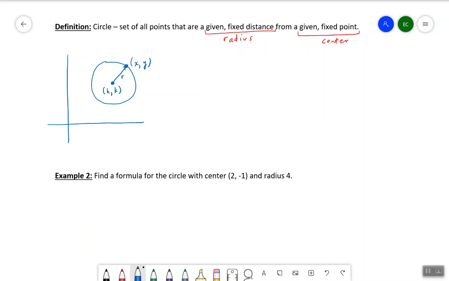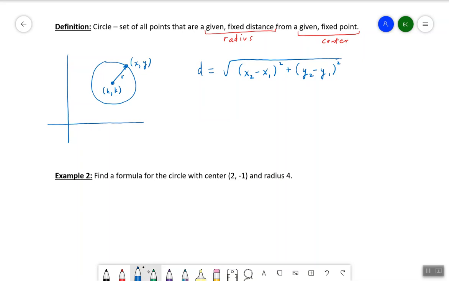If we want to write a formula for a circle, we need to recognize that when we talk about all the points that are a given fixed distance away, then we're just talking about the distance formula. The distance formula is what we studied in the previous section, and it says d is equal to the square root of (x2 minus x1) squared plus (y2 minus y1) squared.